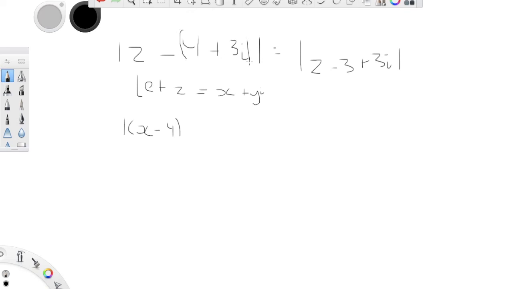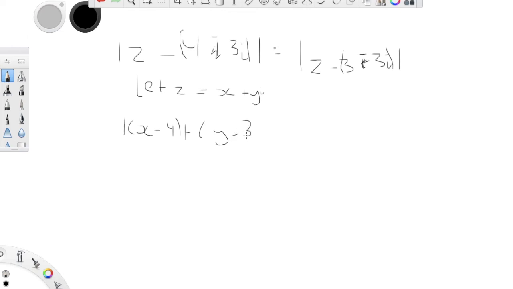Minus 3i. And then that would be plus y minus 3.